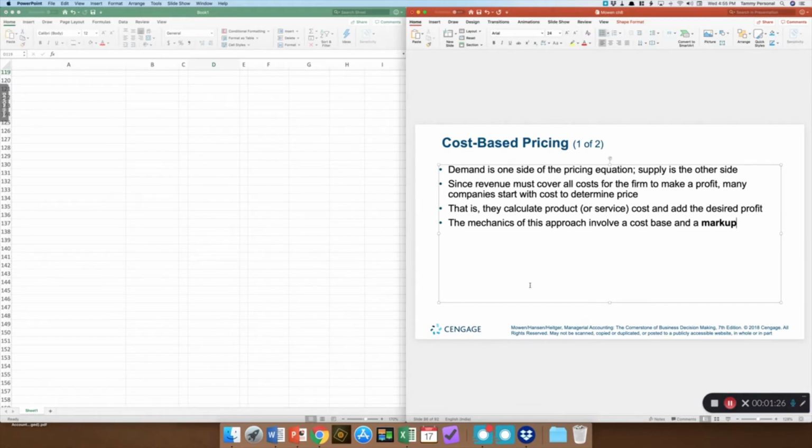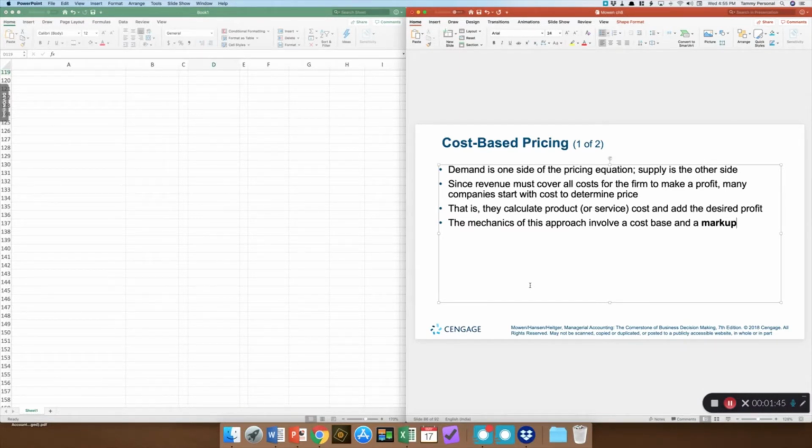Now, the supply curve from microeconomics is actually the marginal cost curve. So companies' costs, manufacturers' costs, are what make up supply.